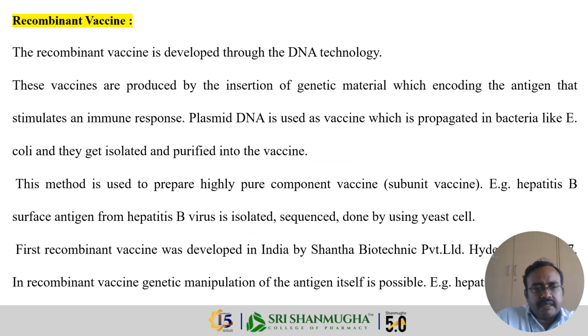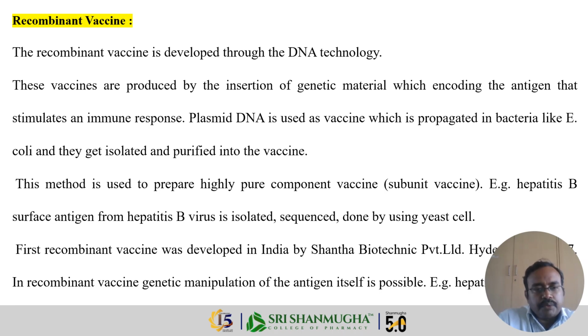Then recombinant technology vaccines. Recombinant vaccines are developed through DNA technology. These vaccines are produced by the insertion of genetic material encoding the antigen that stimulates the immune response. Plasmid DNA is used as a vaccine, propagated in bacteria like E. coli, then isolated and purified into the vaccine.